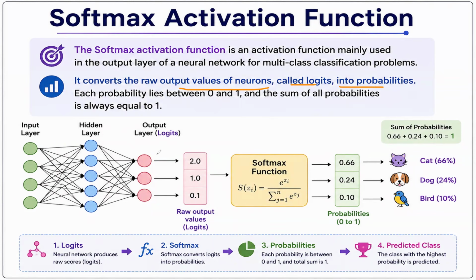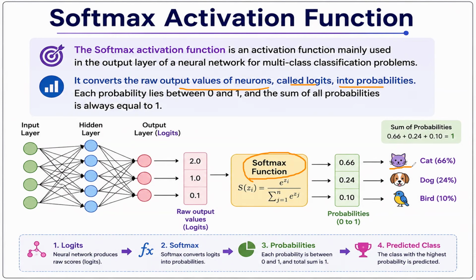A neuron produces some output called a logit, then the softmax function is applied, and then probability is calculated. Whenever there is multi-class classification, we have to identify whether the given image is cat, dog, or something else. First we calculate the logit, then softmax is applied, and then probability is calculated.